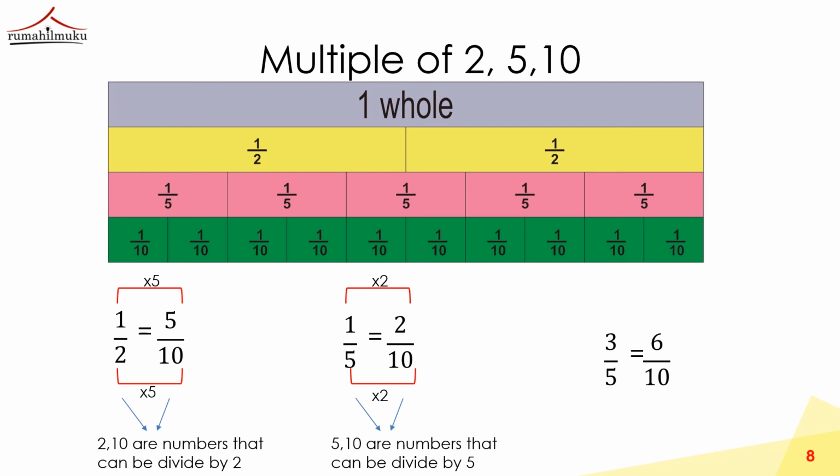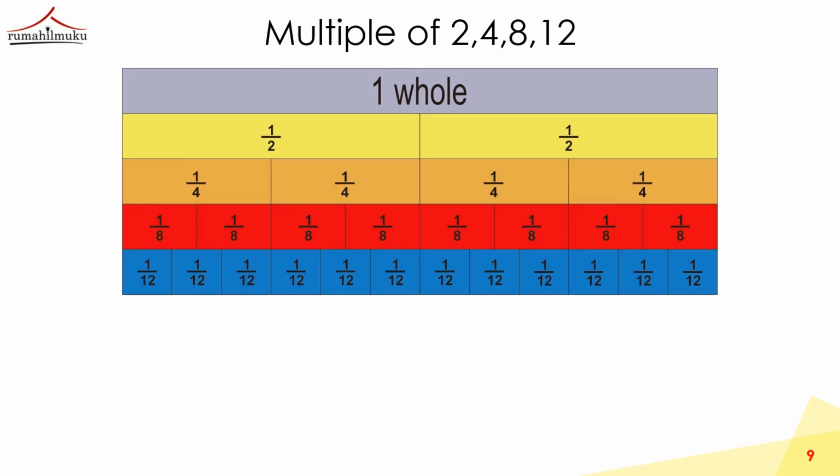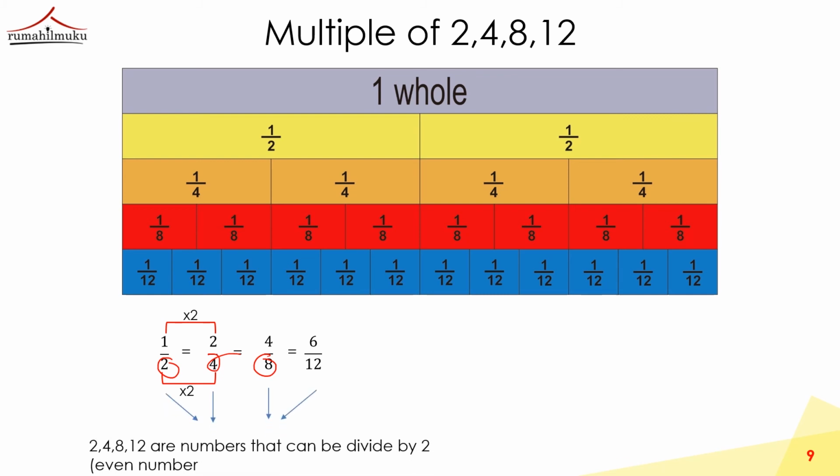We can convert 1/2 to 2/4, 4/8, then 6/12, and so on, because they all have a common factor, which is 2. So we can convert the denominators into any number that can be divided by the original denominator. In this case, 2, 4, 8, and 12 are numbers that can be divided by 2 because they are even numbers.